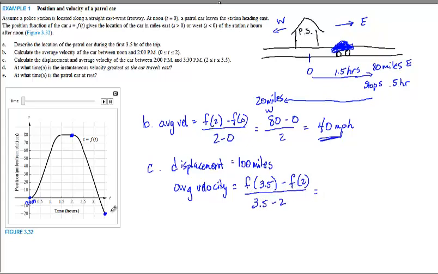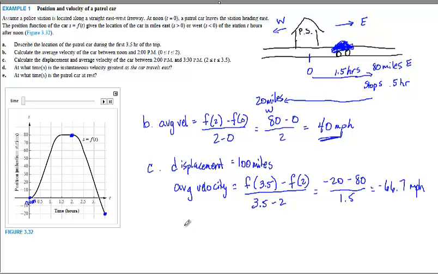Just getting those values, negative 20 minus the 80 over, just got the y value here and the y value there, and this is going to be over 1.5. And when you crunch those numbers, you're going to get approximately negative 66.7 miles per hour.